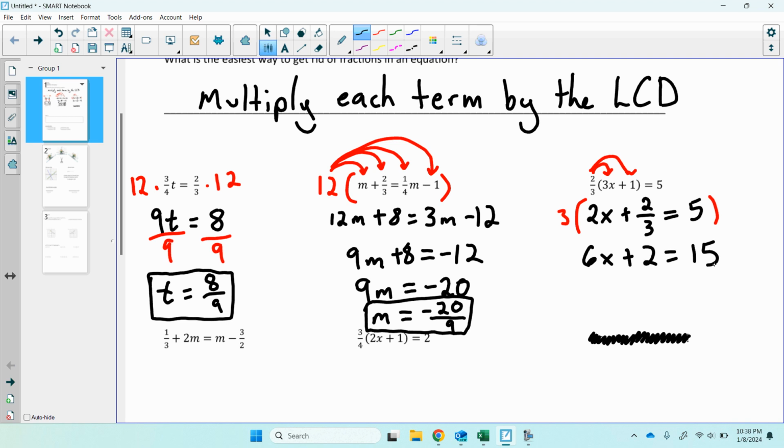Don't forget, even on both sides of the equation, we've got to multiply everything by that 3. Subtract 2 from both sides. Combine those like terms, opposite operations, and then divide by 6.